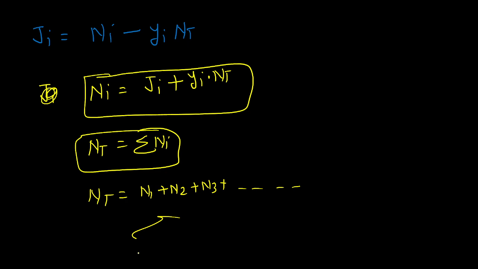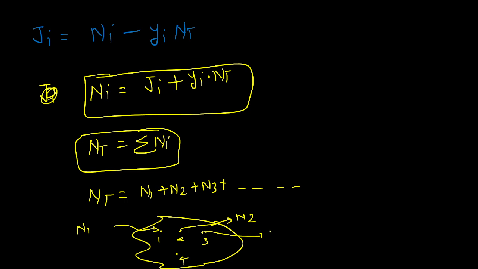What is this? If there is a system of molecules, having the first molecule, second molecule, third molecule, fourth molecule, the convective flux related to molecule 1 is N1, for molecule 2 it is N2, for molecule 3 it is N3, and for molecule 4 it is N4. If you sum all these convective fluxes, N1 plus N2 plus N3, it gives the total convective flux.